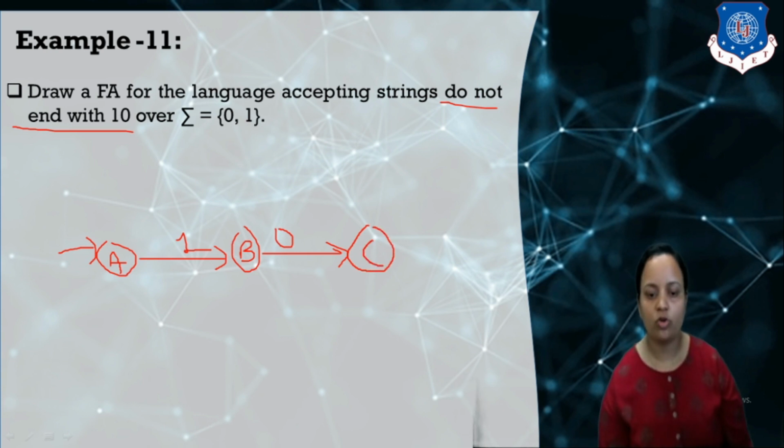So here I am going to draw first the DFA for ending with 1 0. How can we draw the DFA for ending with 1 0?